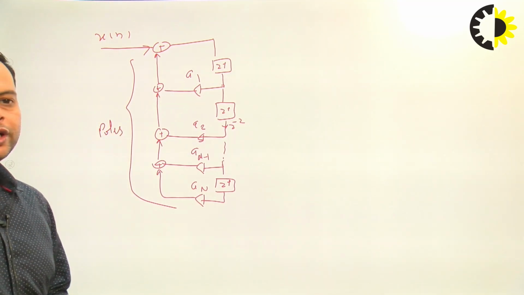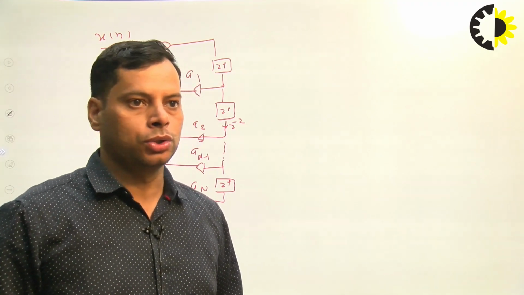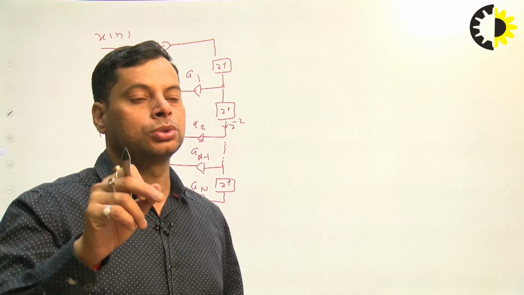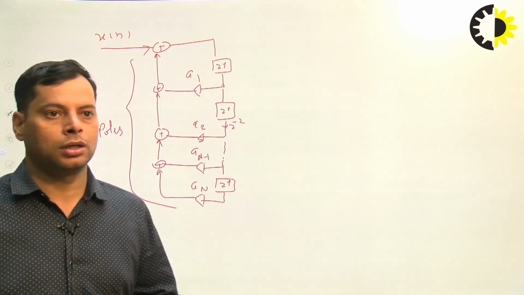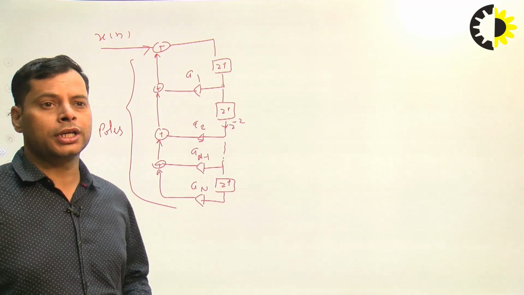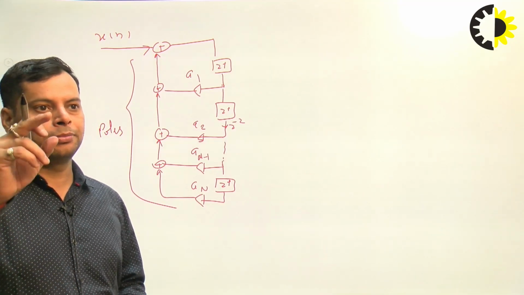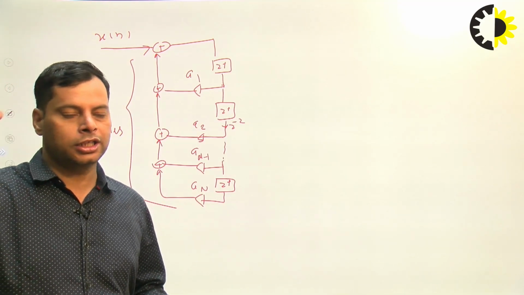So, this part now corresponds to the poles. After that we have to realize the zeros, that is summation k equals 0 to M b_k z raised to power minus k, meaning b0 plus b1 z inverse like the previous one.